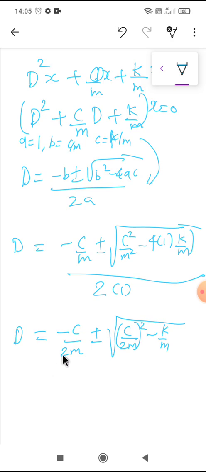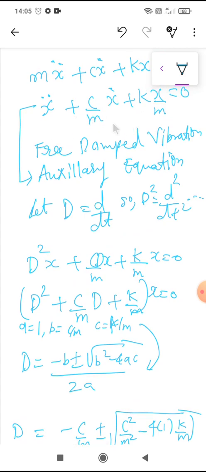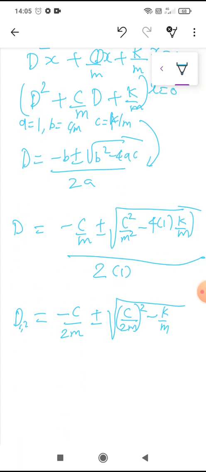So what would be our general solution? Here we have two solutions, that is plus or minus. Suppose I call this solution d1, d2, where 1 is for the plus sign and 2 is for the minus sign. So our general solution for the real equation will be in terms of x.